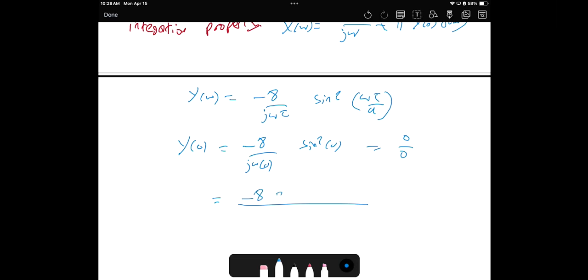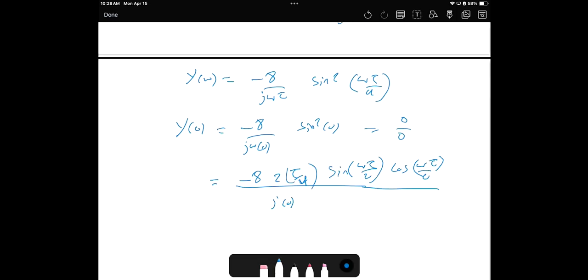So it will be negative 8 with respect to ω, 2 times τ over 4 times the derivative of sine squared, which is 2 times sine cosine: sine(ωτ/4) cosine(ωτ/4), divided by the derivative of the denominator. Applying this rule, I can add a limit.